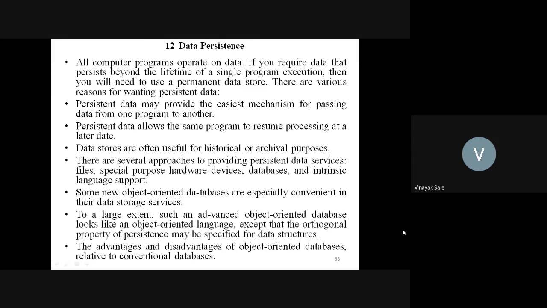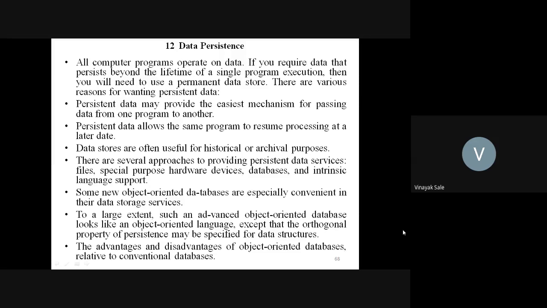The persistent data may provide the easiest mechanism for passing data from one program to another program. Persistent data allows the same program to resume processing at a later date. Data stores are often useful for historical or archival purposes.